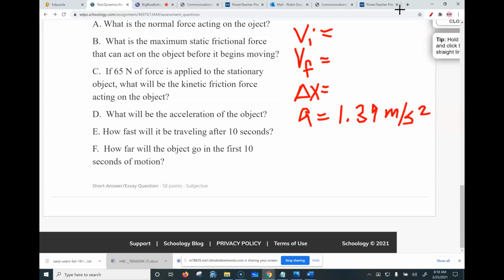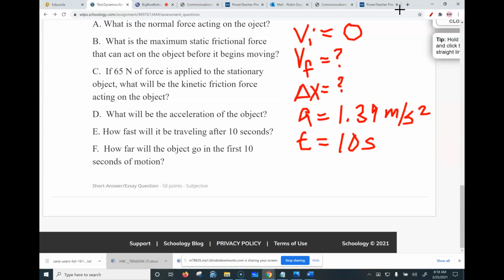I'm pretty sure it started from 0 and it was going for 10 seconds. All right? Okay. So I want to know how fast it's going after 10 seconds and how far did it go.